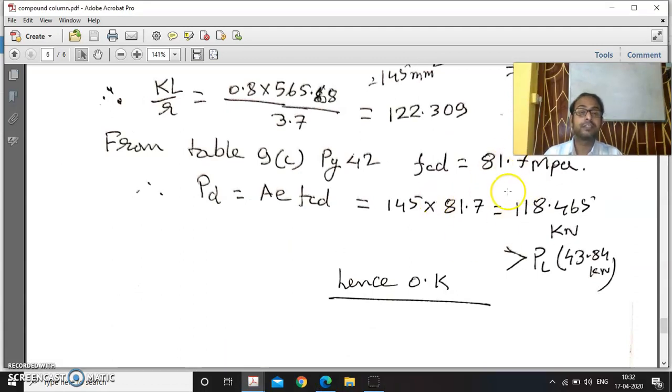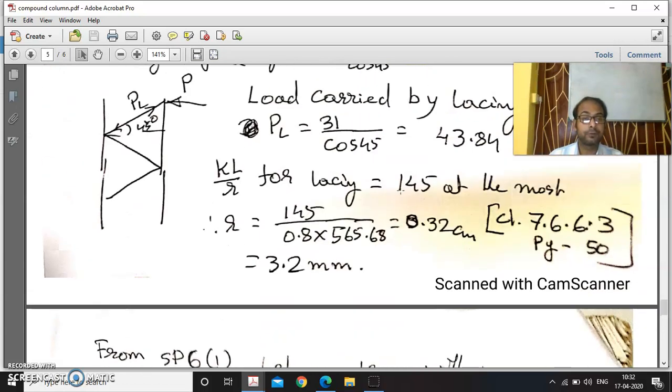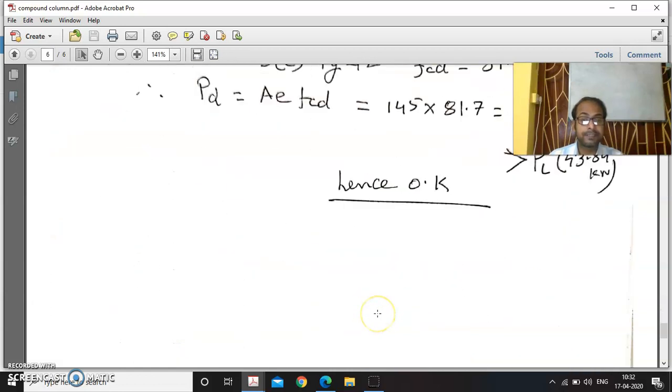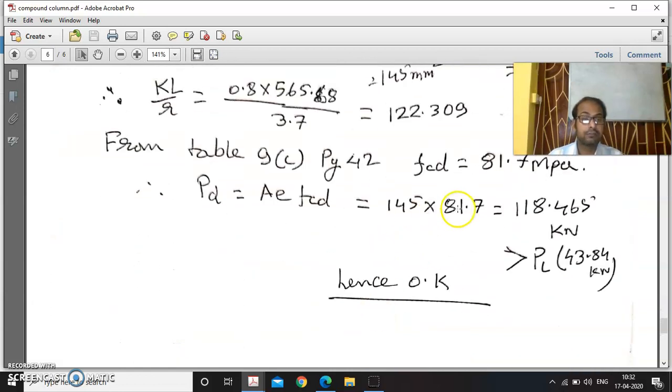After interpolation, it's coming as 81.7 MPa. What should be the area? The area of the angle is 145 millimeter square, that is 1.45 centimeter square, taken from SP6. Multiplication of these two gives us the permissible strength, 118.465 kilonewton, which is greater than the force coming on the lacing member, PL, 43.84.